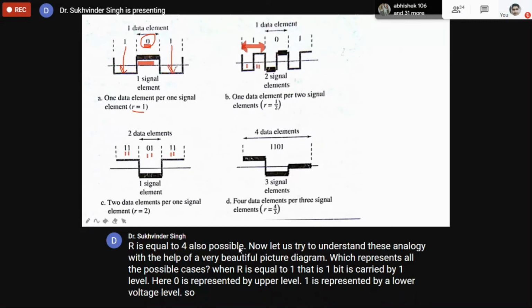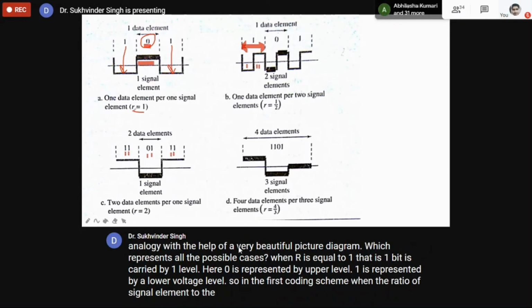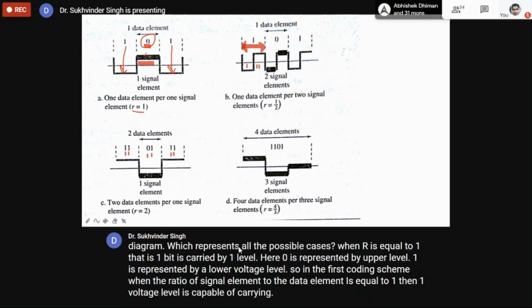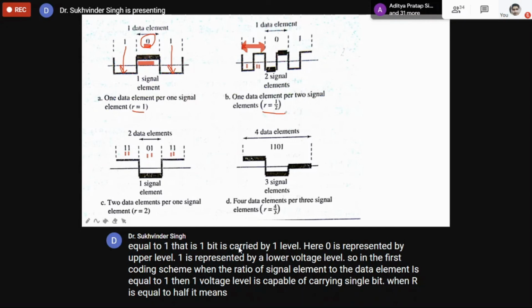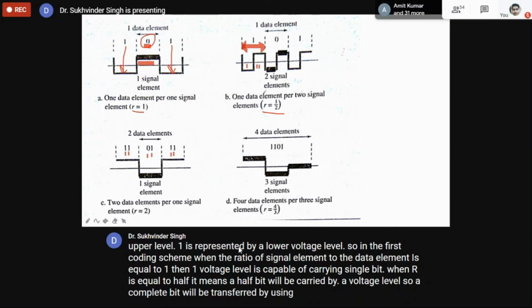So in the first coding scheme, when the ratio of signal element to data element is equal to 1, one voltage level is capable of carrying a single bit. When R is equal to half, it means half a bit will be carried by a voltage level, so a complete bit will be transferred by using two voltage levels.